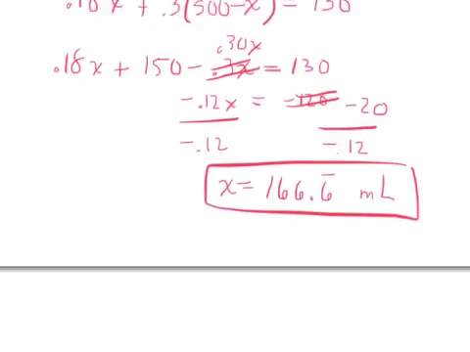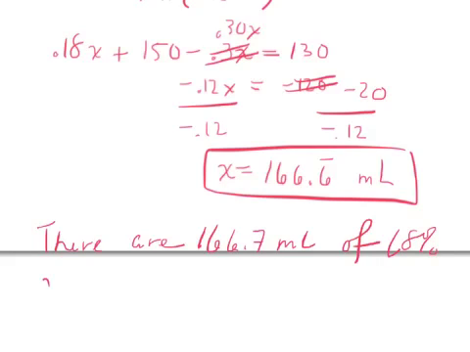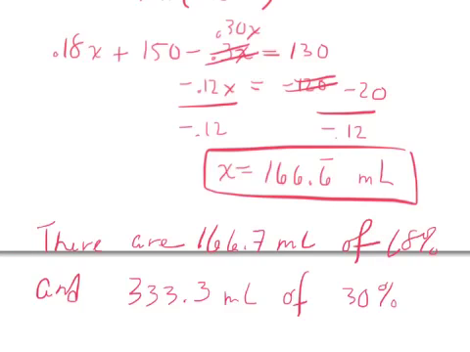So we say there are 166 point, let's say 7 milliliters of 18%. And let's do 500 minus that. Should be 333 and a third. And 333.3 milliliters of 30%.